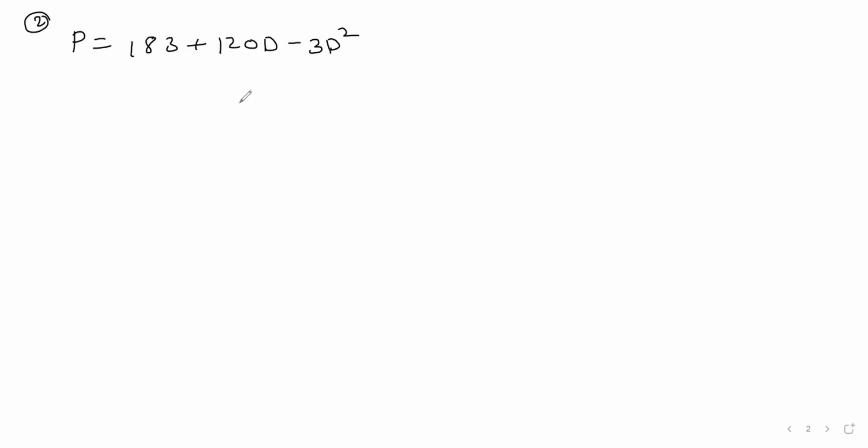Find D for which price is increasing. Price is given as a function of demand, so to find increasing or decreasing, we'll have to find the derivative. I'll first find the derivative of P with respect to D. This is constant, 0, plus 120 minus 6D.